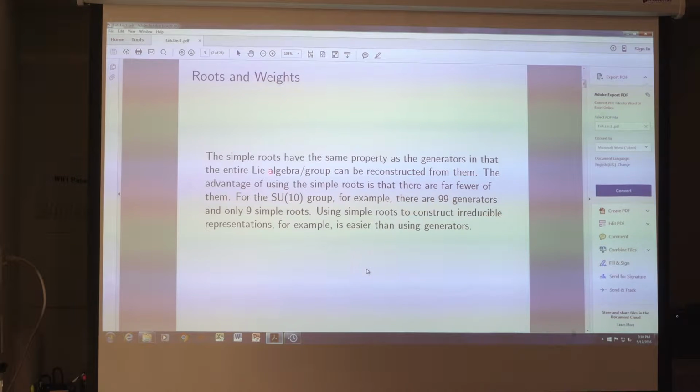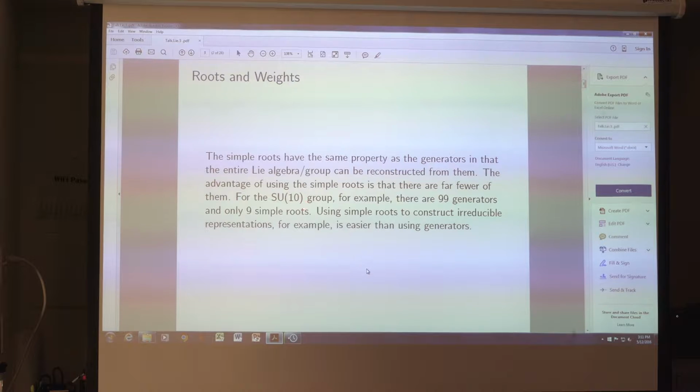For example, let's suppose that we wanted to study the SU10 group and the SU10 algebra. If you take 10, and square it, you get 100. Subtract 1, you get 99. It has 99 generators. Imagine all the possible combinations that you could have. Combining all the commutation relations, you'll have a very large number of combinatorial relations.